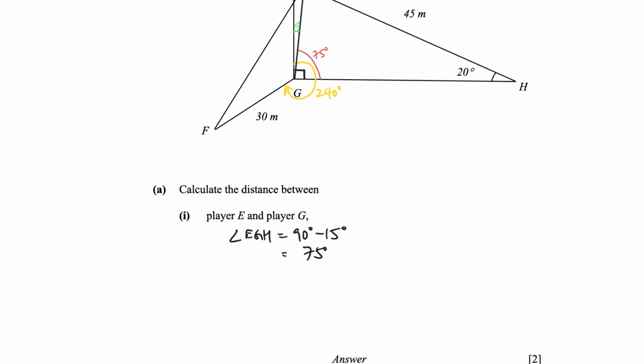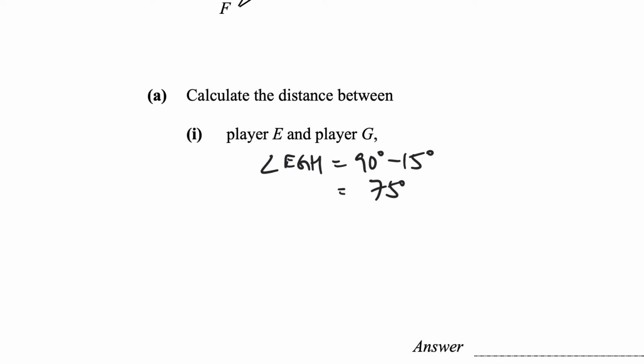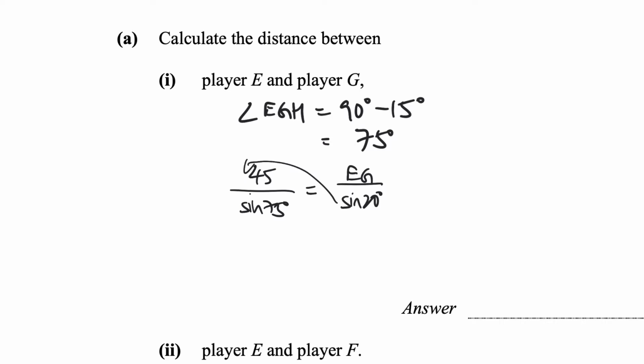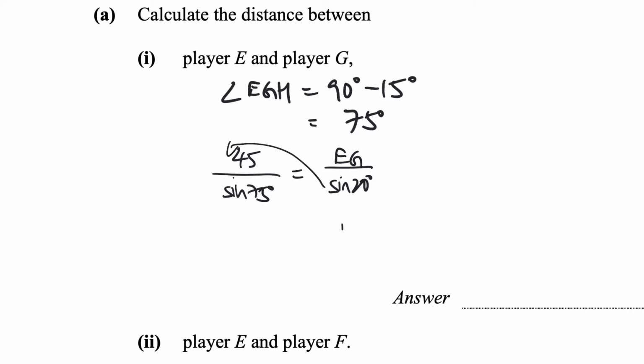And so we can write that down, and we can cross multiply. So actually we just multiply this over. So we can get EG is basically sine 20 times 45 over sine 75.